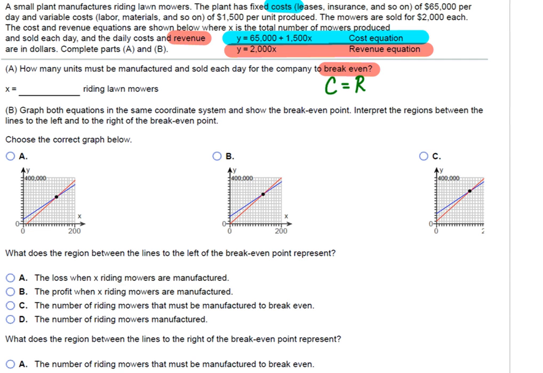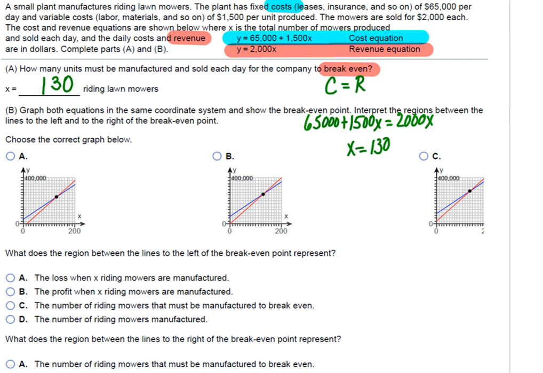So let's set these two equations equal to each other, and we're going to solve for x. And when we finish, x is going to be 130. So what that says is, how many units I have to manufacture per day? It's going to be 130 per day to break even.